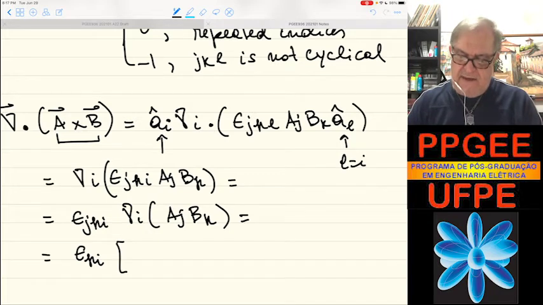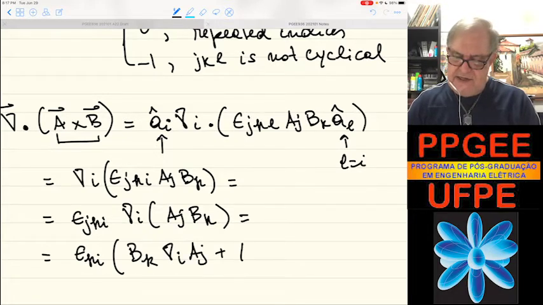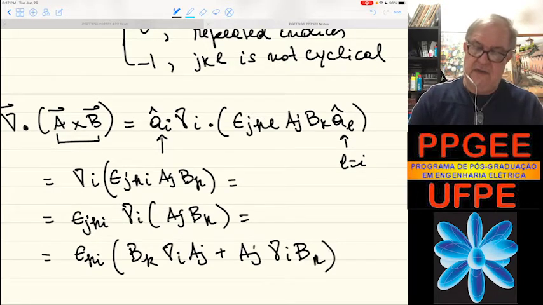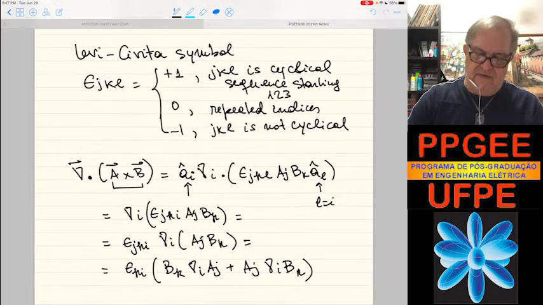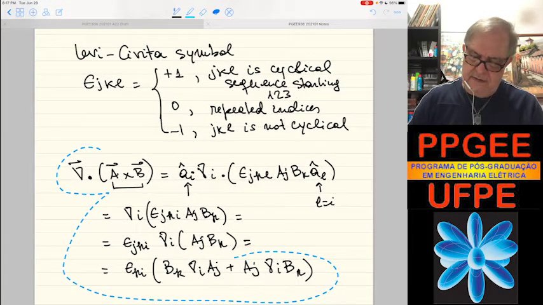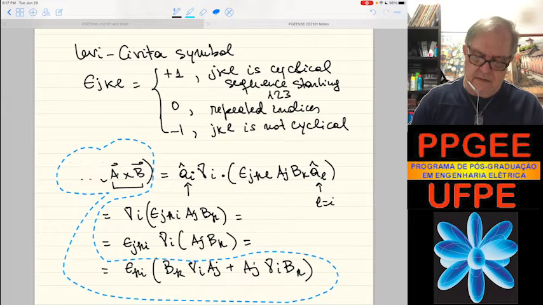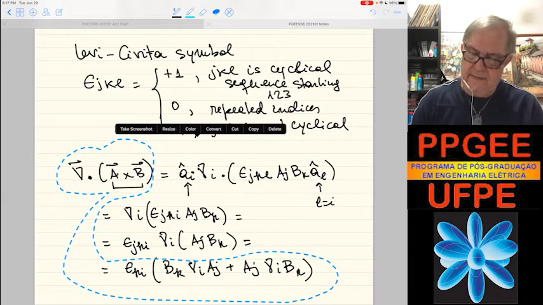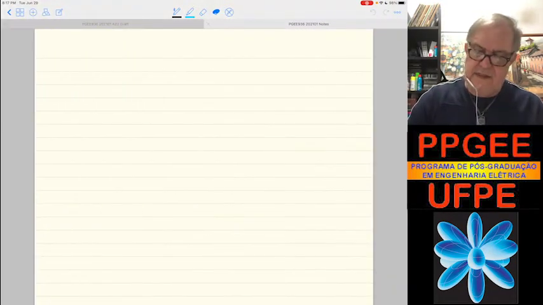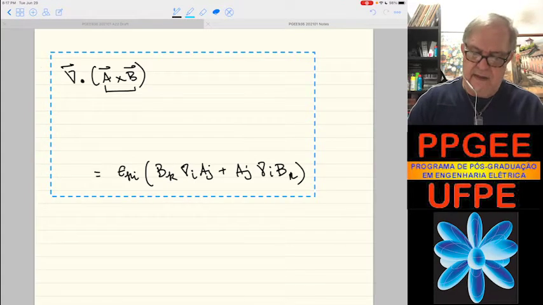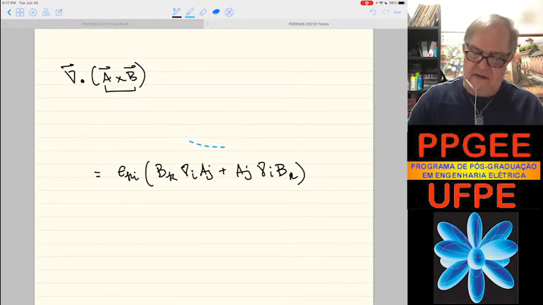This is going to give me b_k derivative of a_j plus a_j derivative of b_k. So that's what we have. Let's copy this and move to the next page. That's what we have so far.